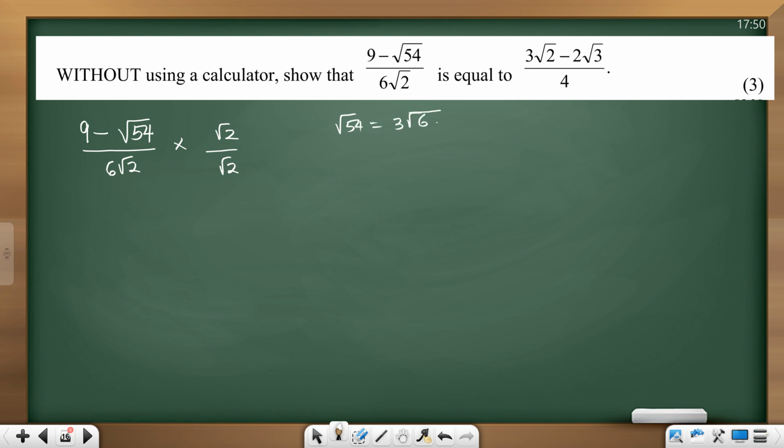I'll tell you what to do: bring this 3 back into the square root, but square it. I used my calculator to get the answer, then brought the 3 back. But when I bring the 3 back, it must be squared, so that the square root of 9 is 3. Smart, hey? We okay?